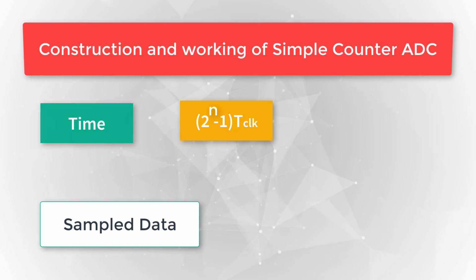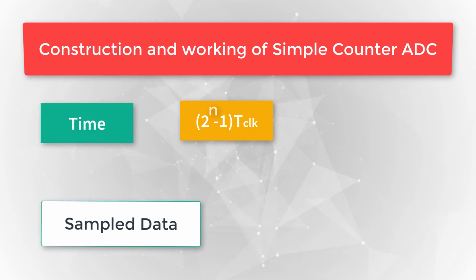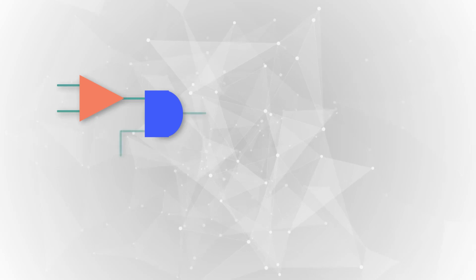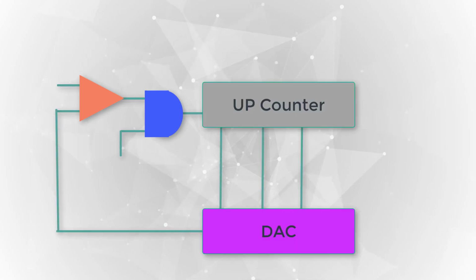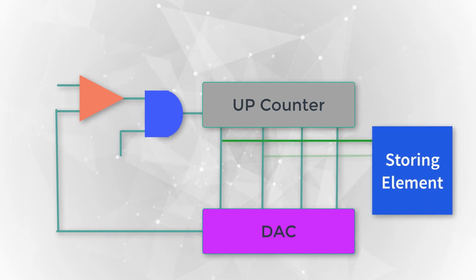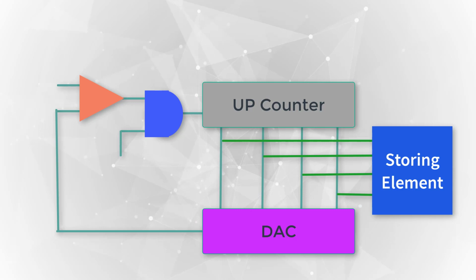A simple counter type ADC works by sampling data through an op-amp in comparator mode, and passes its output to an AND gate with the clock input as the other signal. This gated clock is given to an up counter, which counts up with each clock until a clear or reset command is given to the counter.